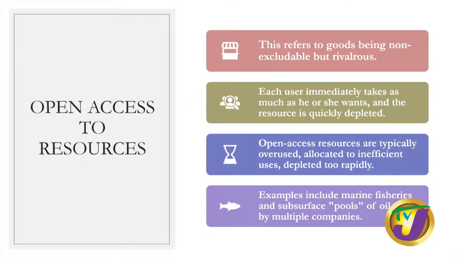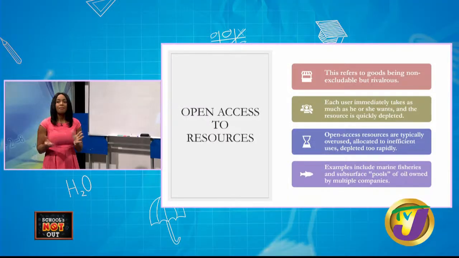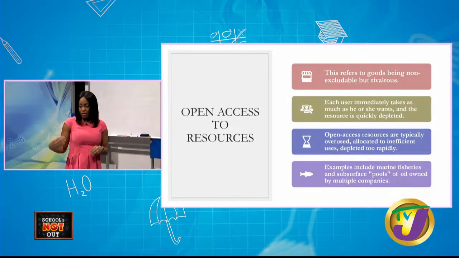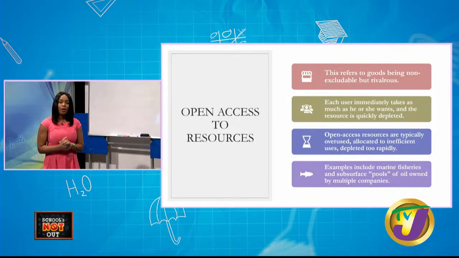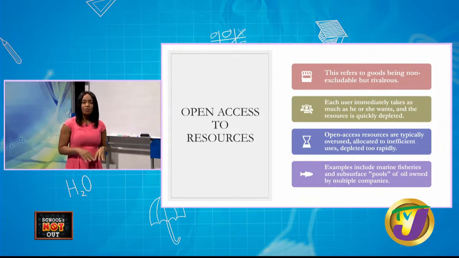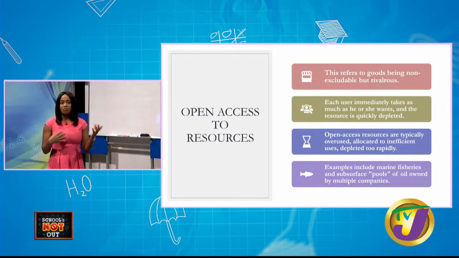Then there's open access to resources. So imagine that there is a good that you can provide and you have free access to it, right? The best example is, for instance, subsurface pools of oil or marine fisheries. You can't stop someone from getting a boat and going out to sea to catch fish so that they can come back and sell to others.